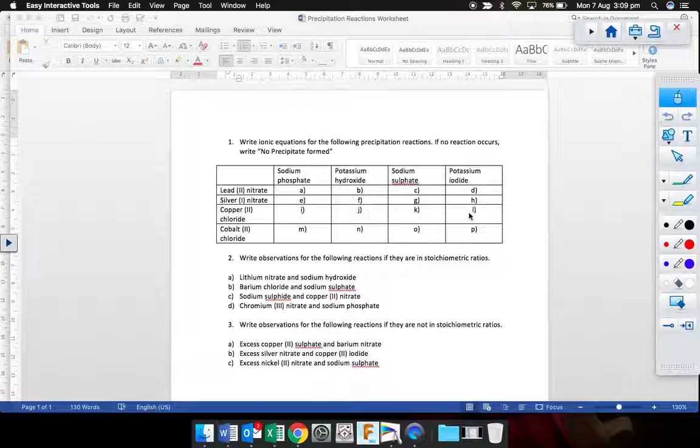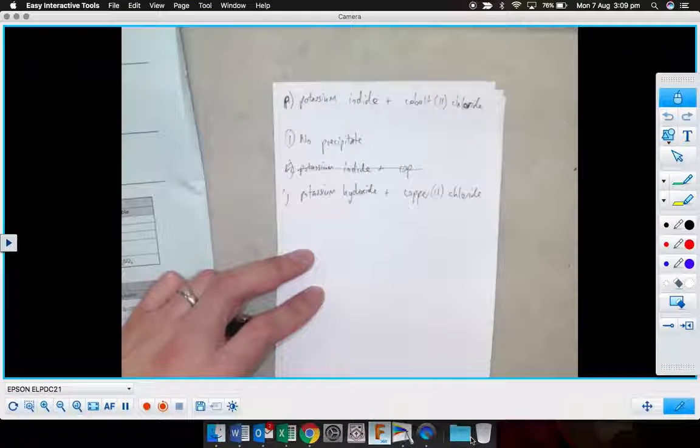We're going to do potassium hydroxide and copper(II) chloride. Okay, so let's try that.